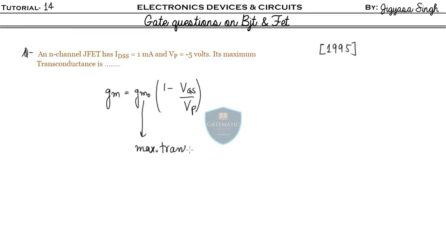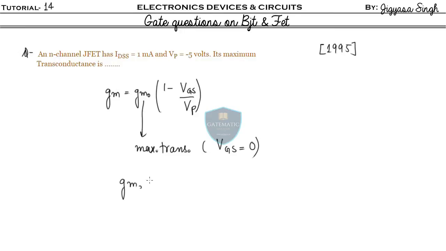And what is the maximum transconductance? It is the transconductance defined at VGS equal to 0. So if it is 0, this will be 1. So this will be the maximum one. All the other gm which we calculate will be less than this maximum transconductance. Till now it is clear.